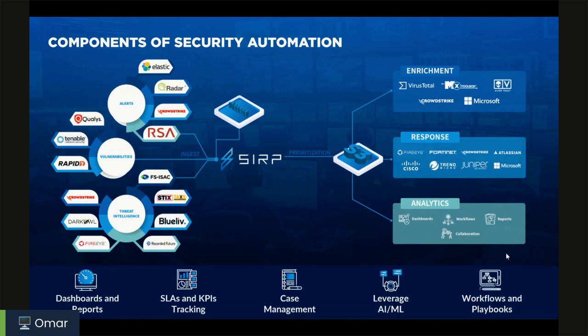So to summarize, the automation platform should be providing end-to-end coverage for all the SOC processes that you have. It should provide dashboards and reports for different audiences in your organization. It should allow SOC teams to track SLAs and KPIs.